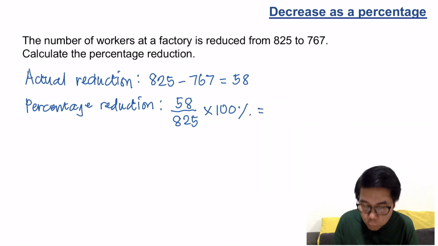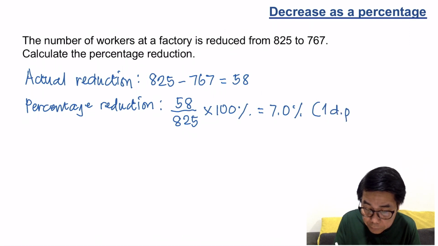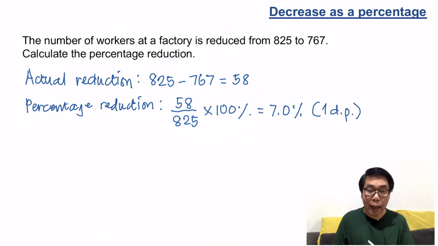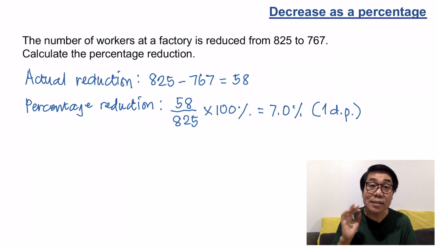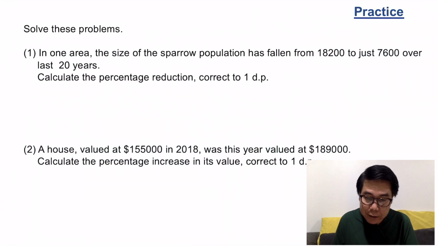In your calculator, 58 divided by 825 times 100 gives us 7.0 percent. I put 7.0 because it says 1 dp, one decimal place. Now, let's proceed to the next one.